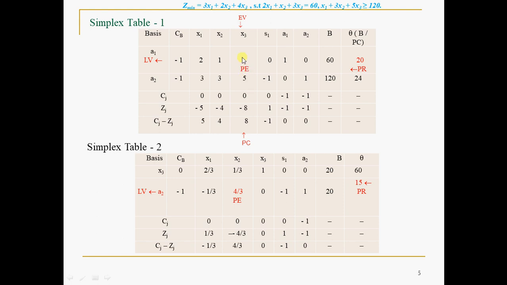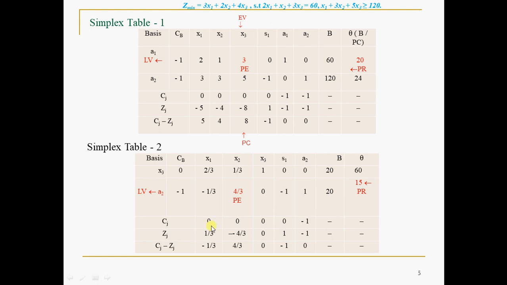How to operate these two to make it 0? R2 minus 5 times of R1 will give you 0 here. Using that, you got this one. Here you can check, 120 is there, 120 minus something, the same operation. If you do it, you are going to get 20 here.